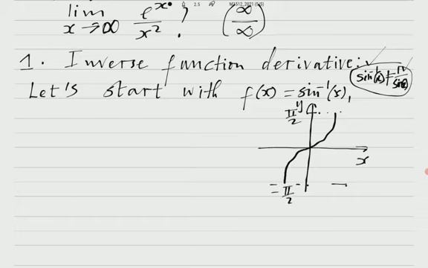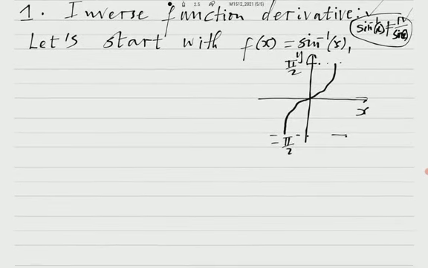So this is how our sine inverse looks like. And bear in mind that for sine inverse, we are focusing on the range minus pi over 2 being less or equal to y, which is less or equal to pi over 2. We'll come back to this later, but let's go back to the function.